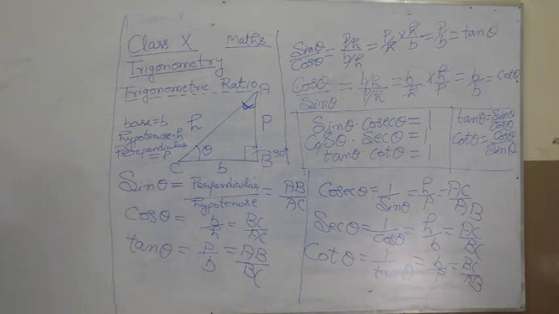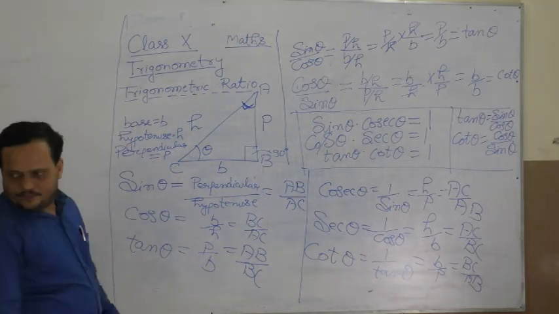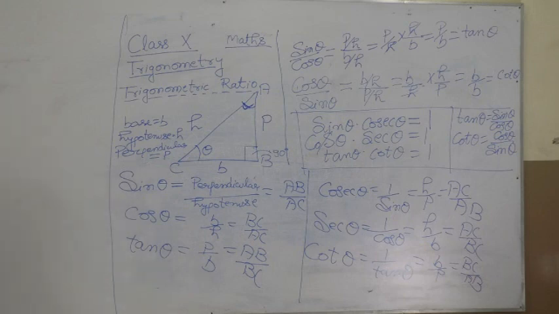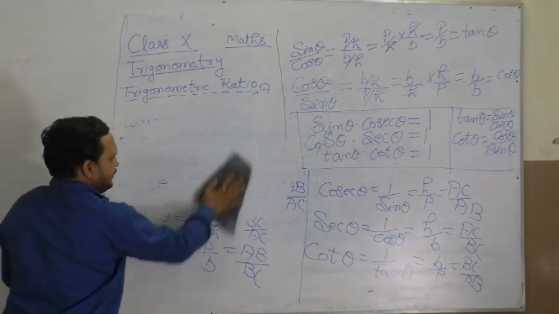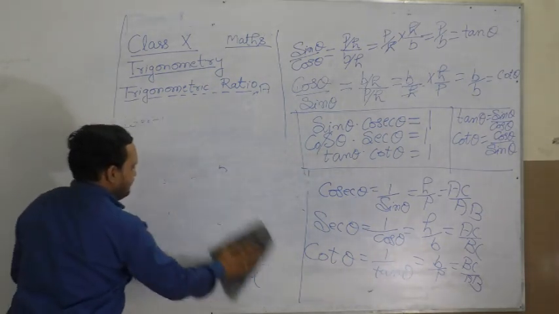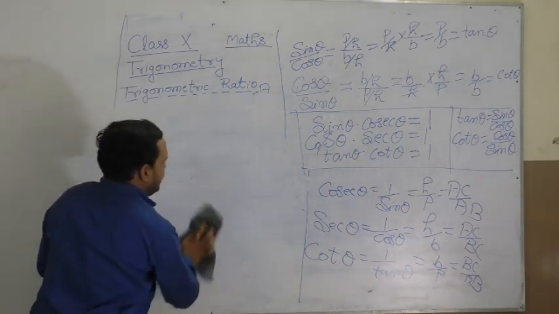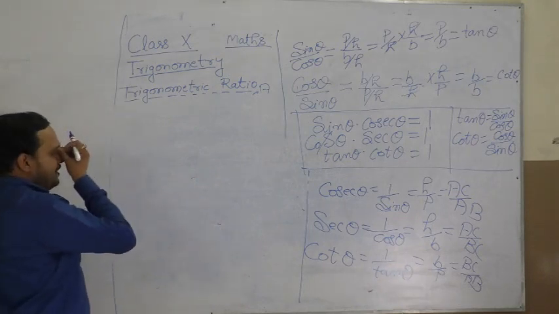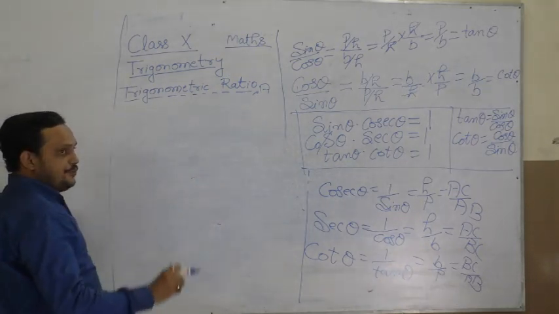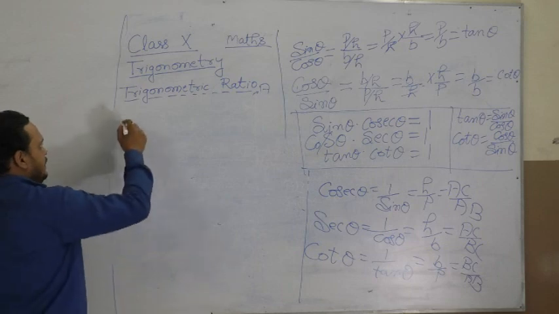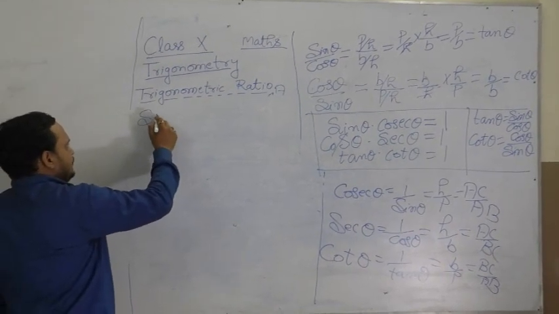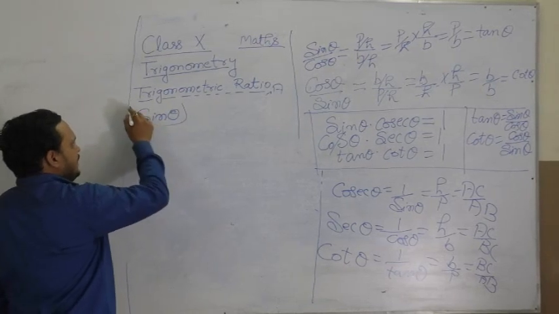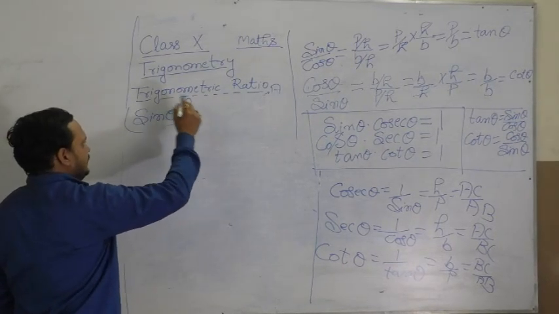Now there are 3 more main results in this chapter. These results are the basics, which we call basic trigonometric formulas. Before that, while writing the square and cube of a T ratio, suppose you have to write the square of sin theta.